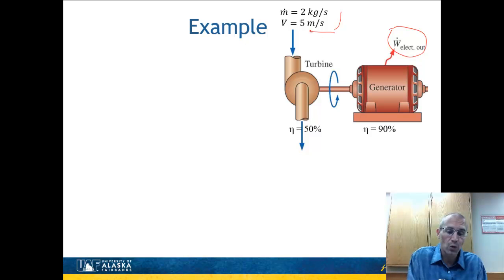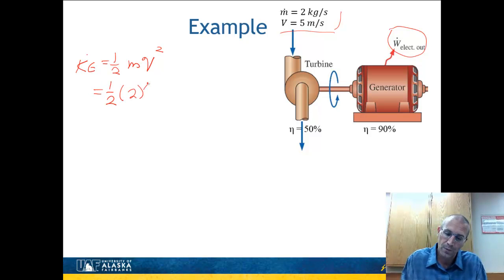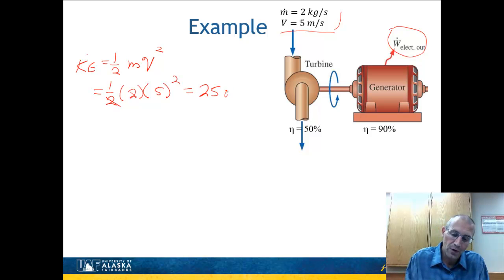What I've got going in here is a rate of kinetic energy, which is 1/2 the mass flow rate times the velocity squared. We can figure out what that number is: 1/2 times the mass flow rate of 2, and the velocity of 5 squared. The 2s cancel, leaving 5 squared, or 25, and the units on this would be watts.